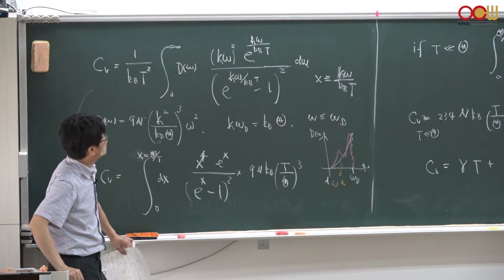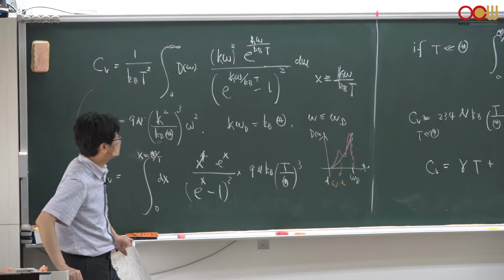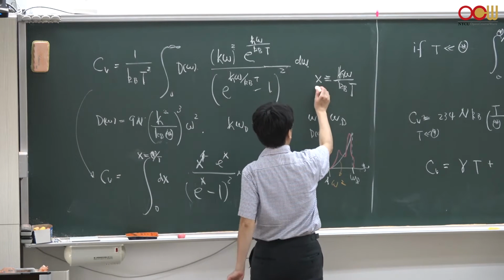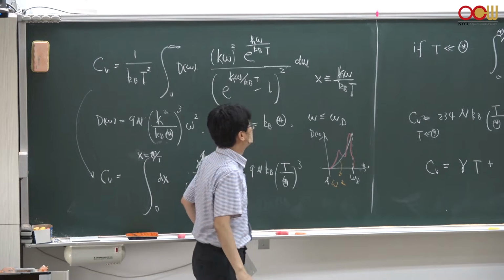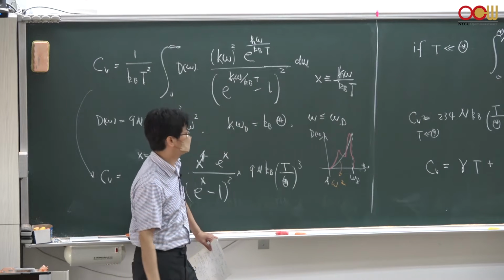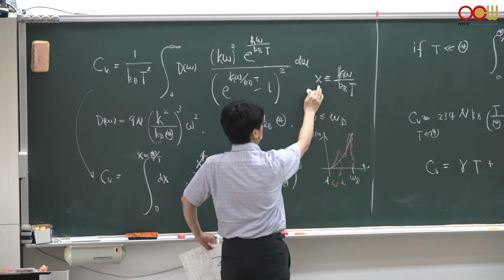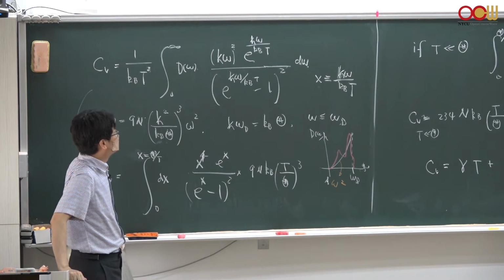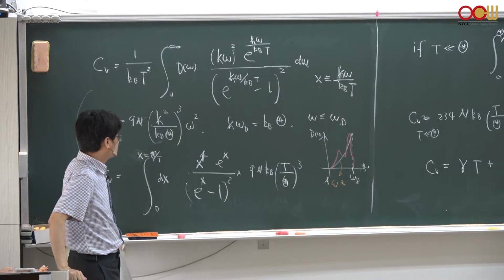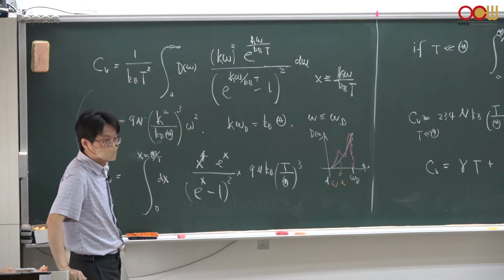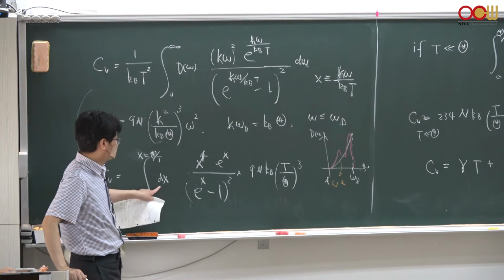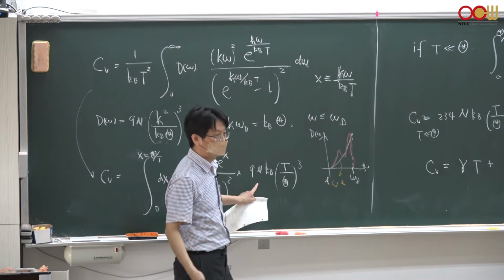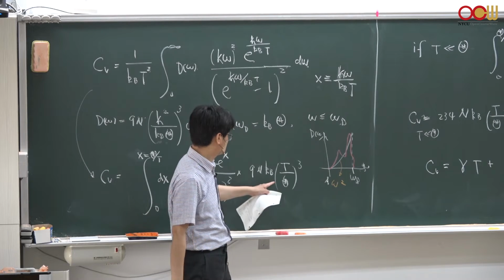Okay, so now let's finish this calculation. We can define the dimensionless variable x, which is h bar omega divided by kBT. If we define such an x variable, we can change this integration over omega into an integration over the dimensionless quantity x, multiplied by some temperature prefactor.